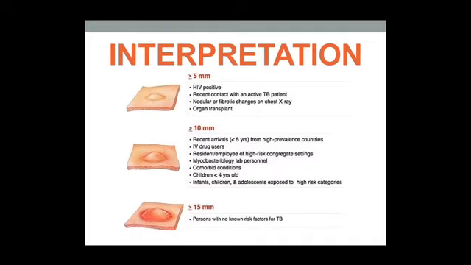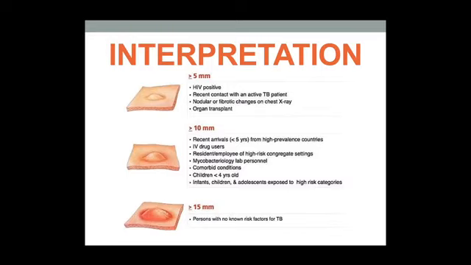For patients who are recent arrivals of less than 5 years from high prevalence countries, IV drug users, residents or employees of high-risk congregate settings, mycobacteriology lab personnel, those with comorbid conditions, children less than 4 years old, and infants, children, and adolescents exposed to high-risk categories, an induration of more than or equal to 10 mm is considered a positive Mantoux test.